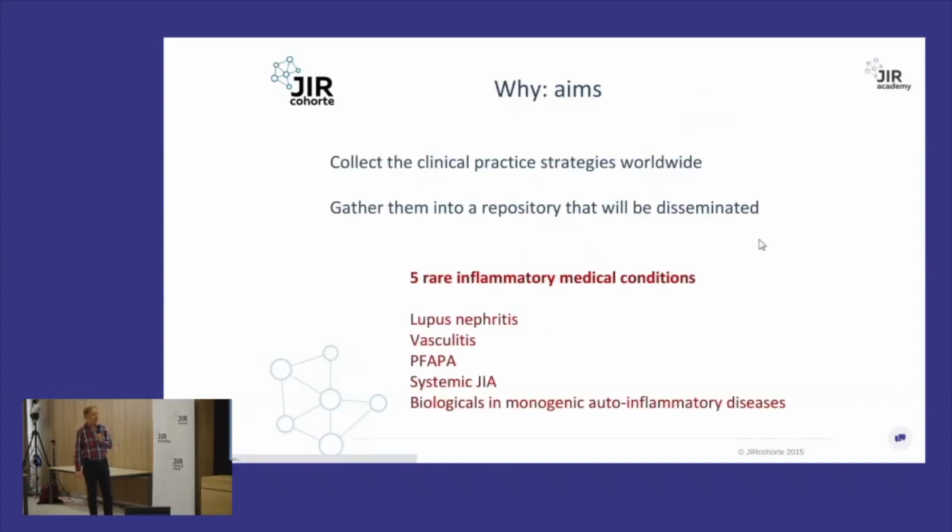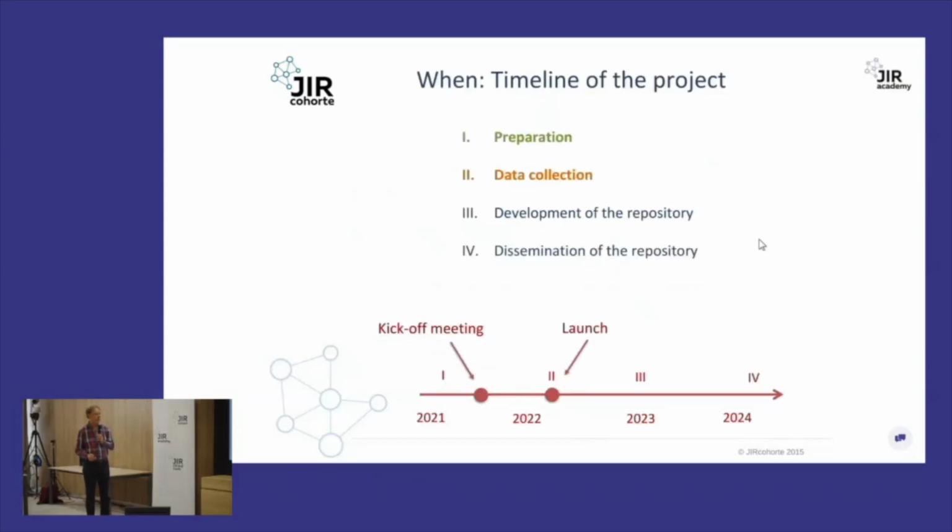Next slide, please. So the aim is to collect the clinical practice strategies worldwide about 5 different rare inflammatory medical conditions. So the aim is to collect these and then to gather them into a repository that will then be disseminated. The timeline of the project, we have 4 phases. First phase is the preparation. We are arriving at the end.